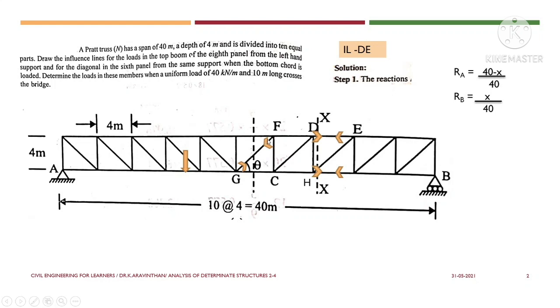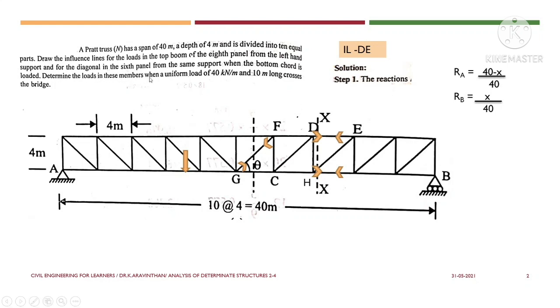Currently we are interested in 3 members and their behavior due to the moving load. They are GF, TE and HI. These are the 3 members for which we will identify the force.